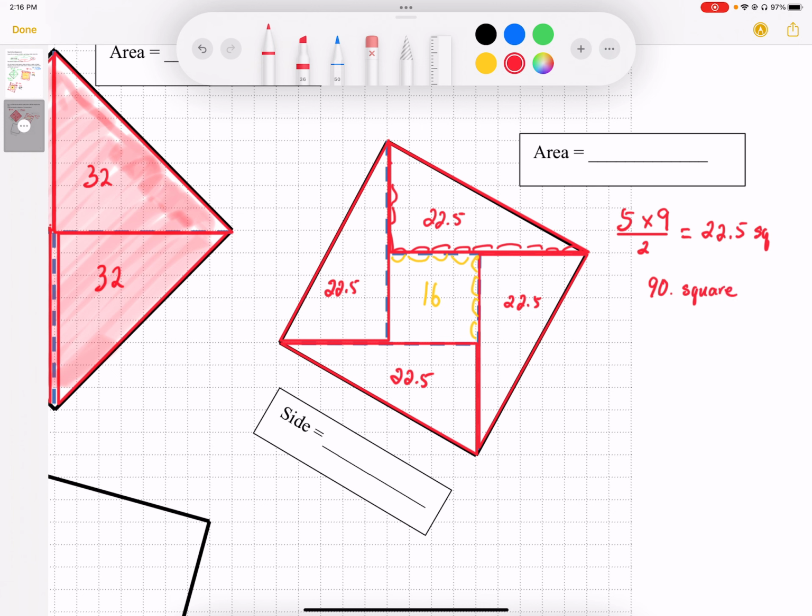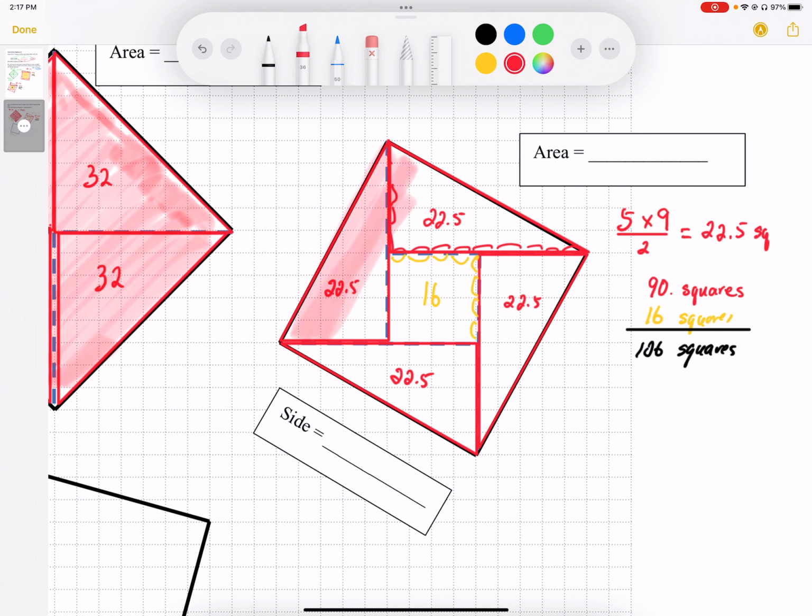So we have 90 squares plus the 16 squares right in the middle. And that's going to give us a total of 106 squares. That is what's represented by the area.